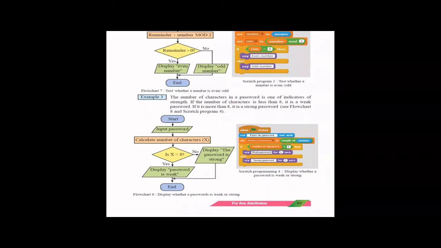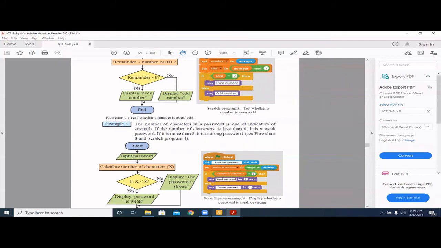Better to have a mixture of all these characters. So this is basically checking whether your password has more than 8 characters. If it is less than 8, we display that the password is weak. But if it's more than 8, we display this is a very strong password. Okay, we'll see how it works.